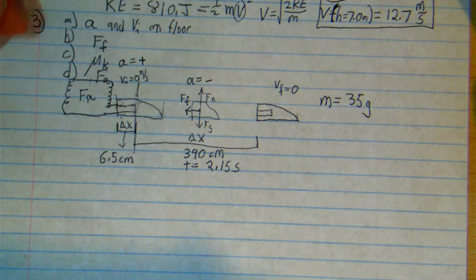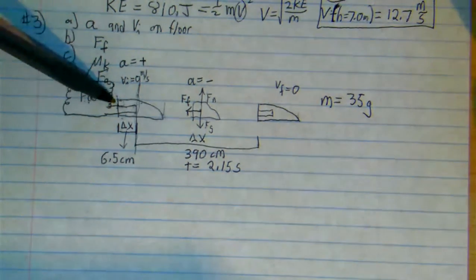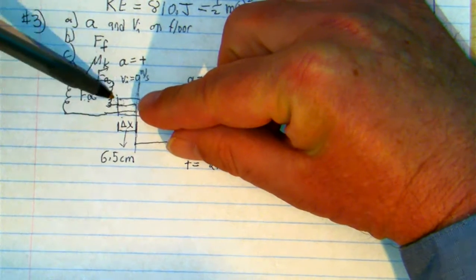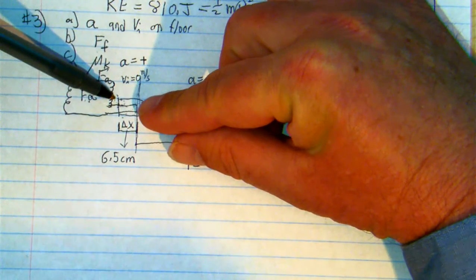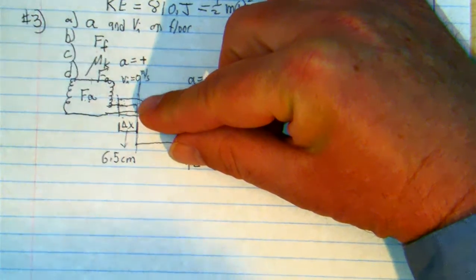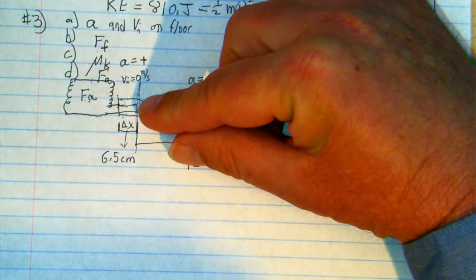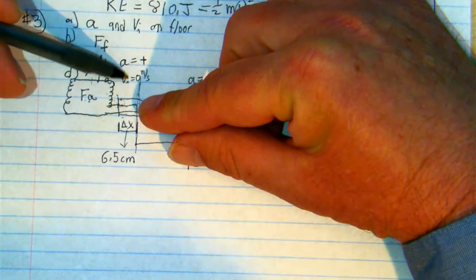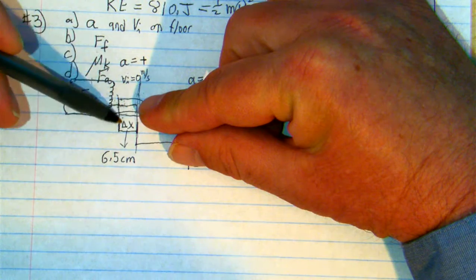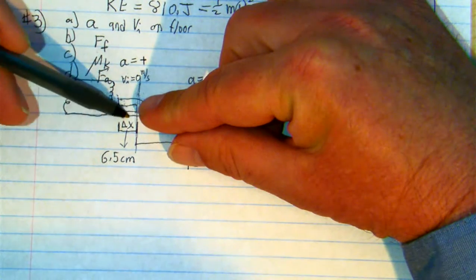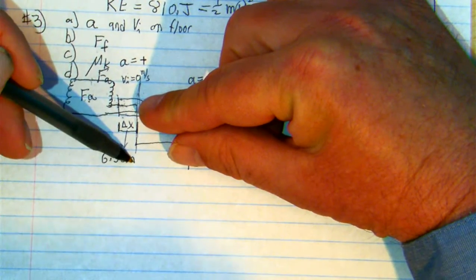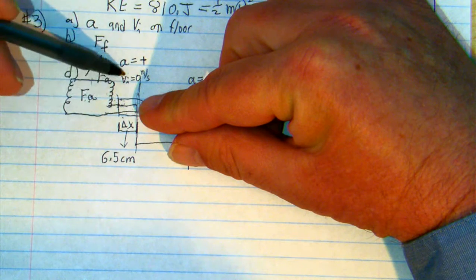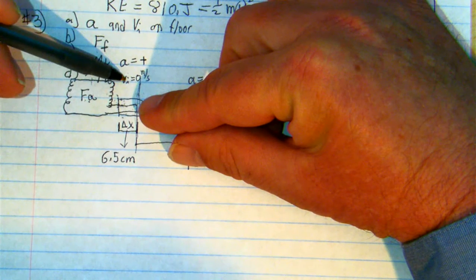So you can't actually solve part A. I'm going to say part A is when it's on this launcher arm. And the reason you can't solve it is because you need 3 givens, but you only have 2. One given is the distance that it is accelerating over is 6.5 centimeters. The second given is that its initial velocity is 0.